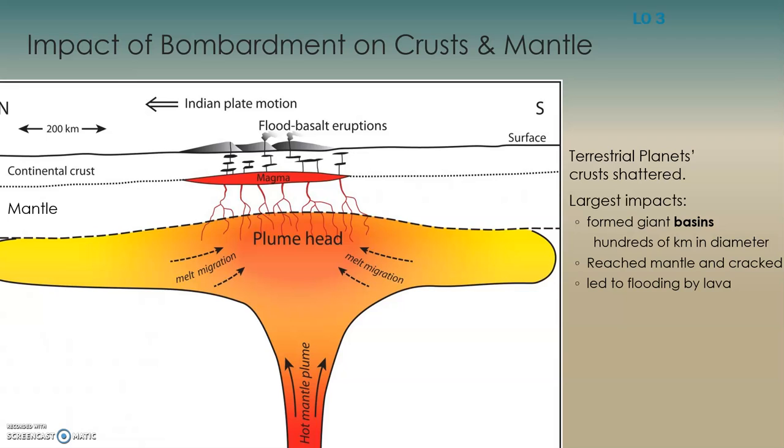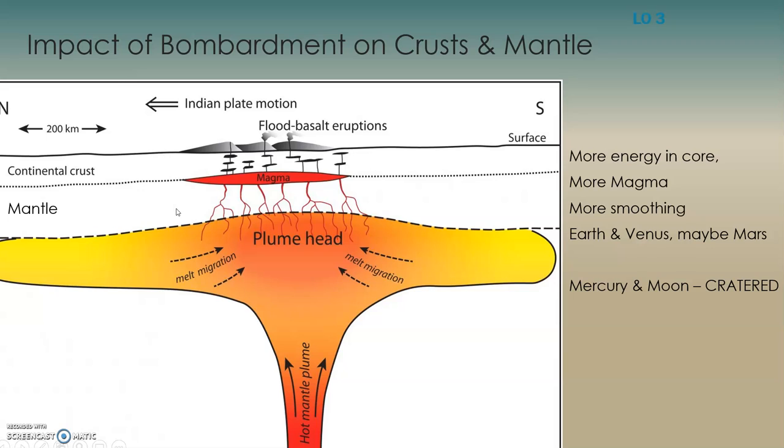Those basins on Earth became our oceans. So that bombardment had a way of manipulating our crust and our mantle with lava. I want to go over one other thing, that you see a lot of smoothing on the larger planets, but on Mercury and on the moon, very cratered because they're cooler, they did not have magma as much. See on the other side.